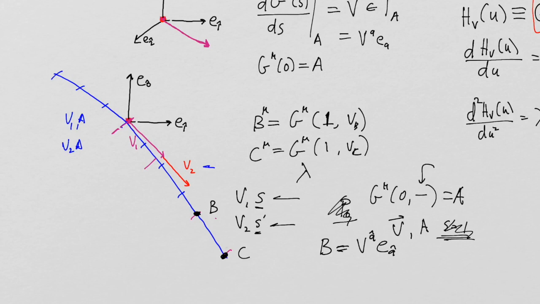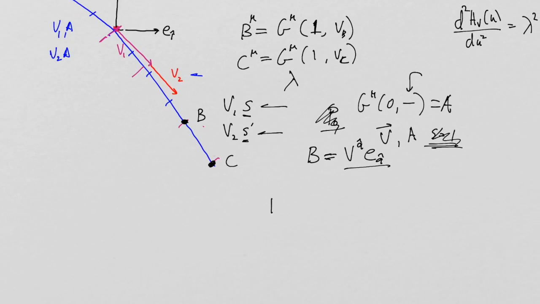And that vector is all I need, because once I have this vector, I know that I can take it, combine it with the center of the lab frame, which I keep wanting to call P, but calling A. I take the vector who has these components in the basis of the lab frame. I use that to produce a curve, G mu. I go one distance down that curve, right?